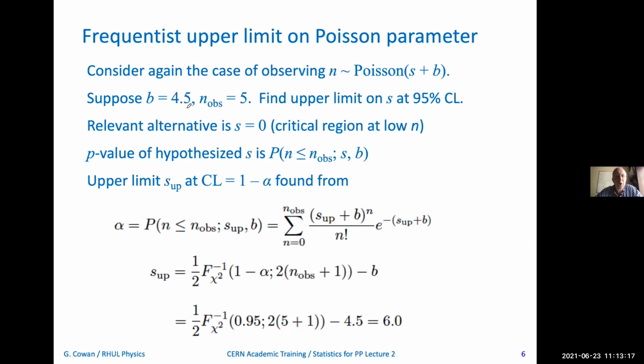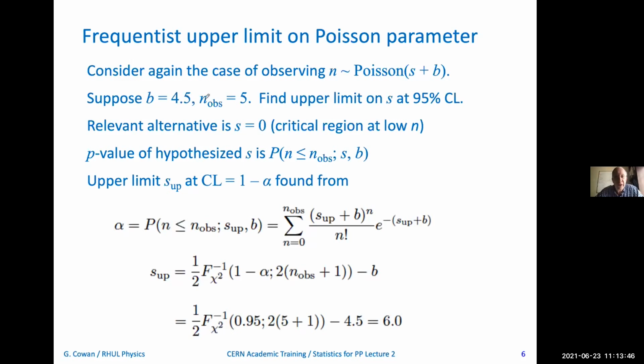On the other hand, we can consider large values of s and ask if they are compatible with this observation of, say, only 5 events. And we can try to see which values of s are compatible with the data and which values are not. So I want to consider now high values of s. And I need to ask, what is the relevant alternative to testing a high value of s? Well, a low value of s, or 0. Right?